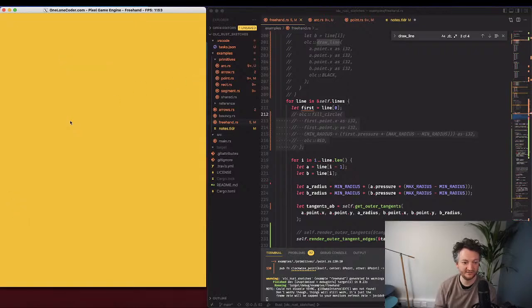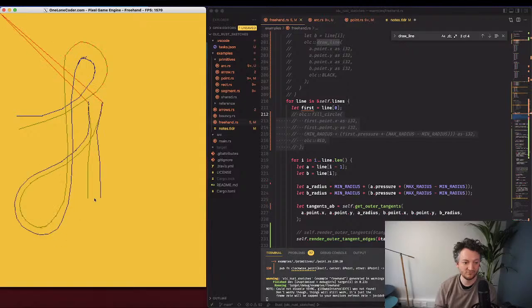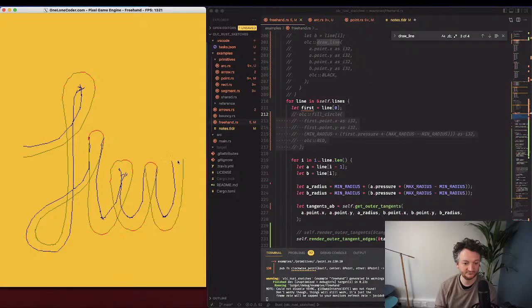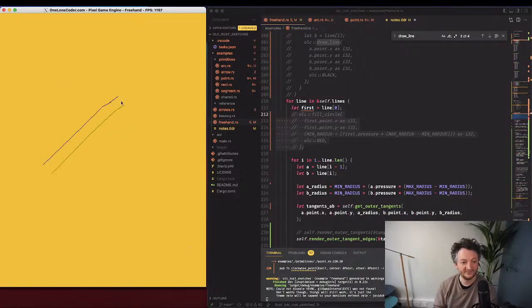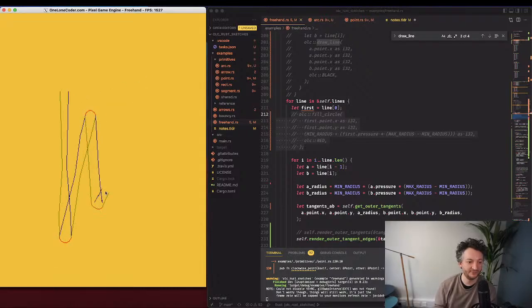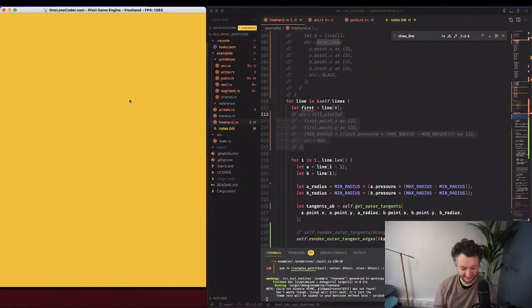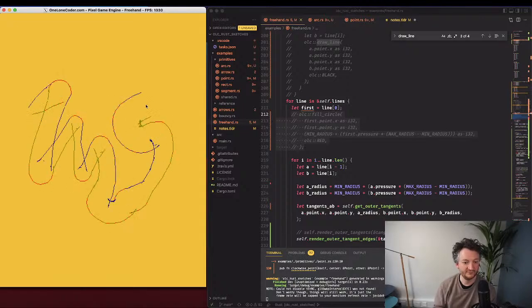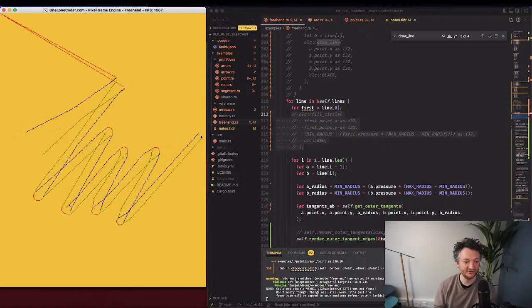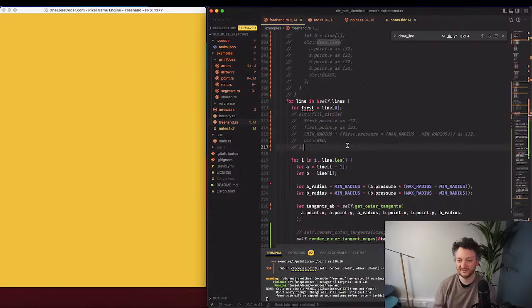Except for that. That's wrong. Still wrong. So these sharp corners sometimes produce, we should really be able to know what's happening there. But this looks pretty good. I gotta say, we're doing a pretty good job here. We just need to figure out this bug and then line caps.